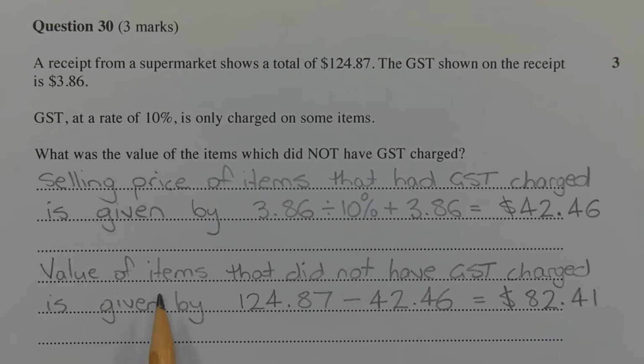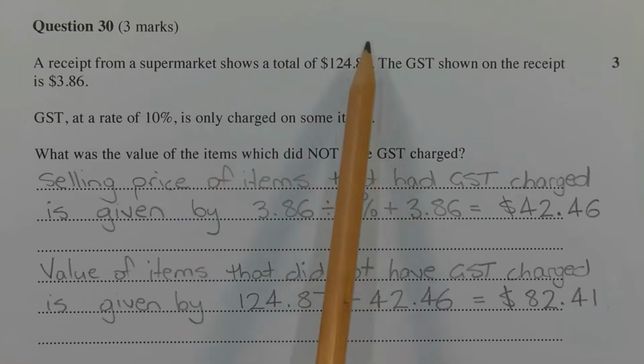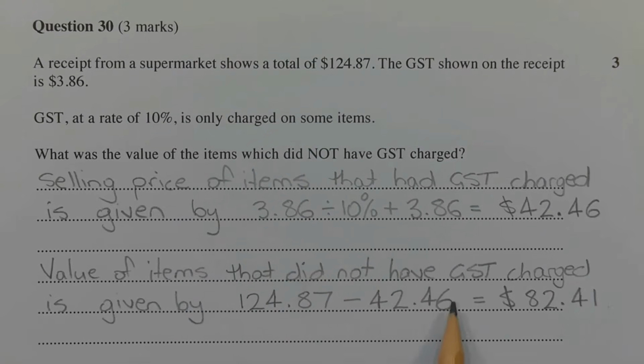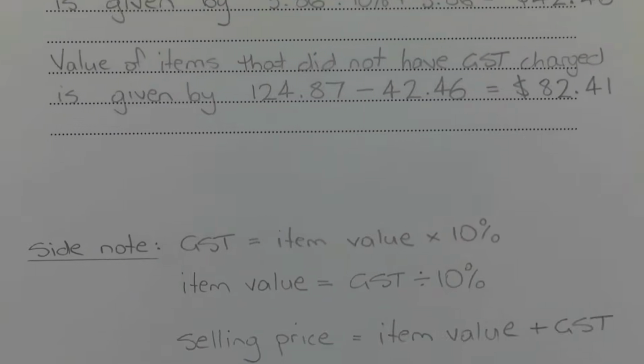Now, to find the value of items that did not have GST charged, that's given by $124.87, which is from this value here, and we take away the selling price of the items that had GST charged, and that gives us $82.41.